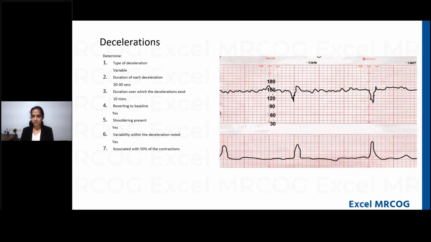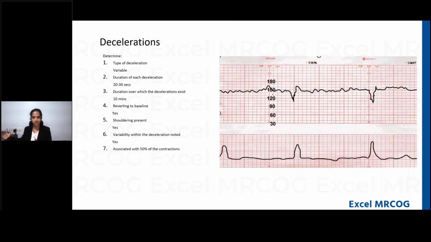The next thing which is important in interpreting CTG and to classify the CTG as amber and red is whether the decelerations are associated with 50% of the contractions or not. Here you would say that yes, they are associated with 2 out of 3 contractions, but this CTG tracing is only of 10 minutes duration.